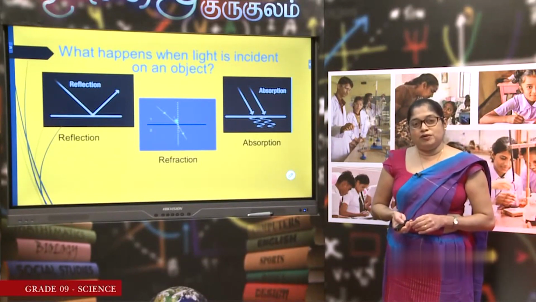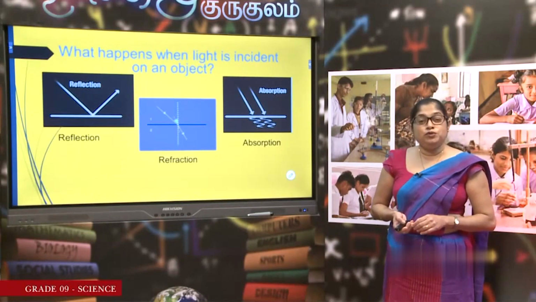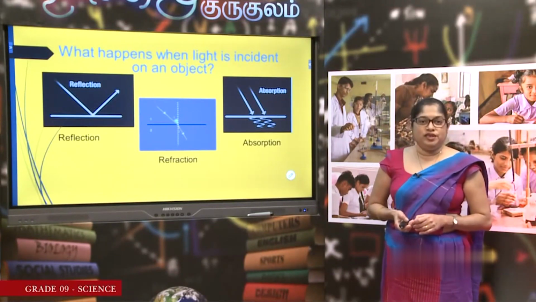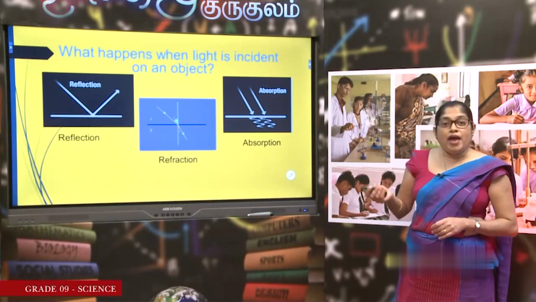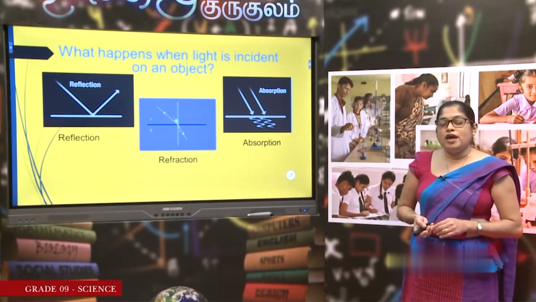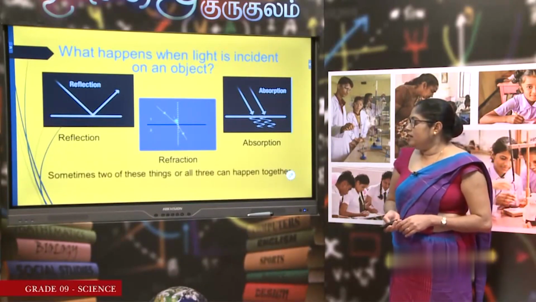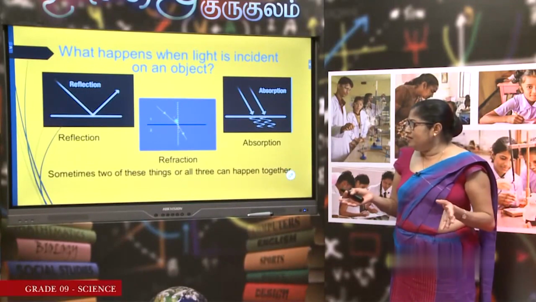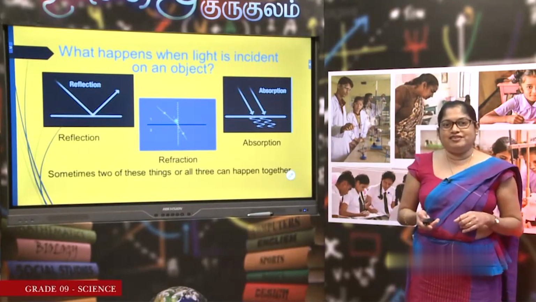Not only glass, air and water also transmit the light through them. Black objects are good absorbers of light. Sometimes two of these or all three can happen together in one object.